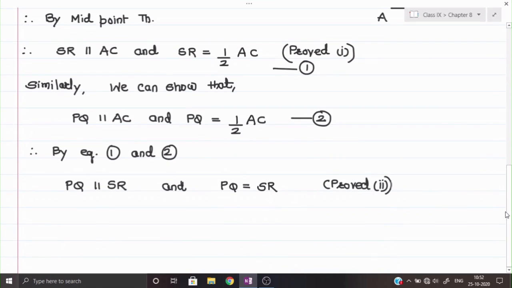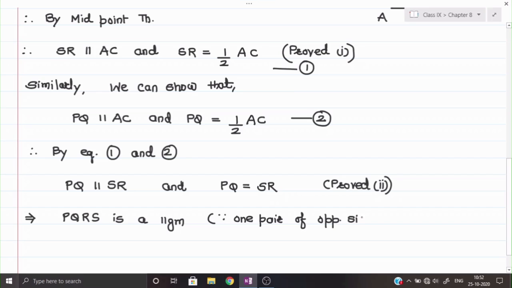See, PQ is parallel to SR and PQ is equal to SR. That we have proved. Any one pair of opposite sides we have proved parallel as well as equal. So we can say that PQRS is a parallelogram, since one pair of opposite sides is equal and parallel.